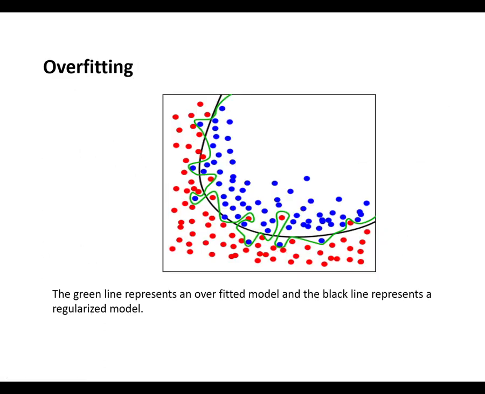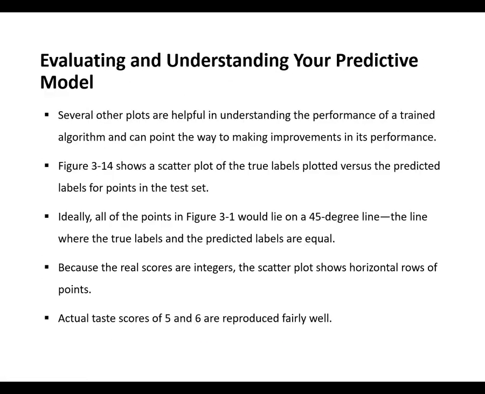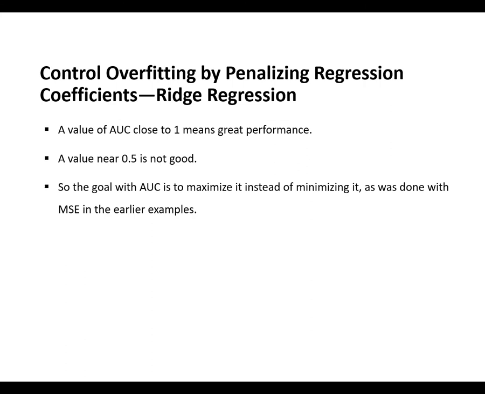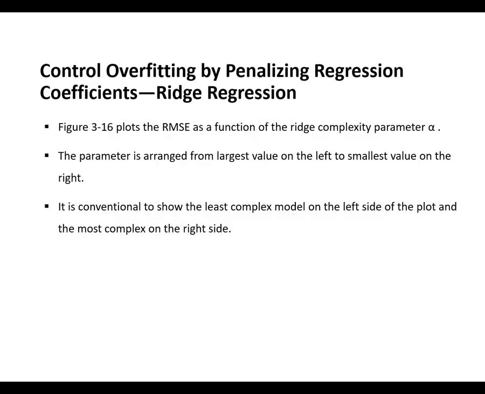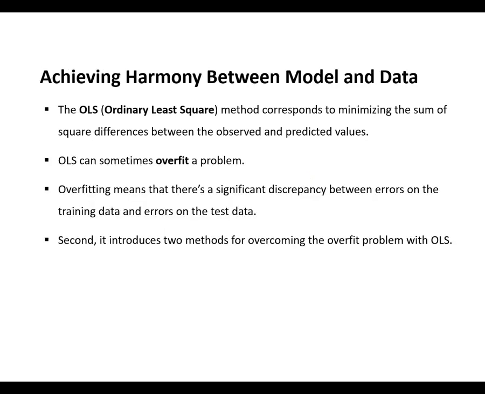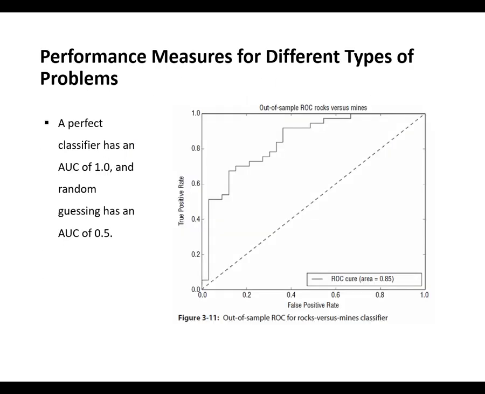So let us check. Yes, a value of AUC close to 1 means great performance. A value near 0.5 is not good. Definitely, if the ROC curve goes below the dotted line, let us check once again. Yes, this dotted line indicates 50% accuracy.